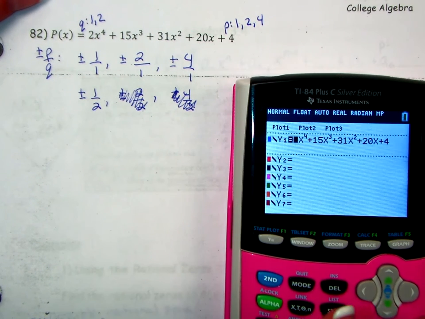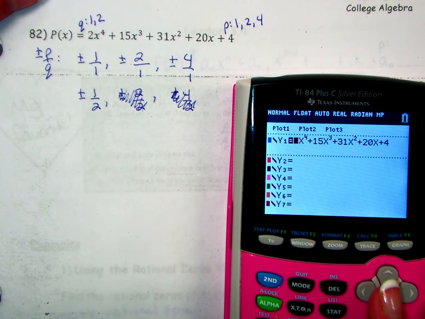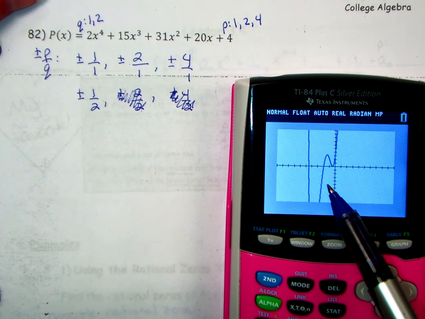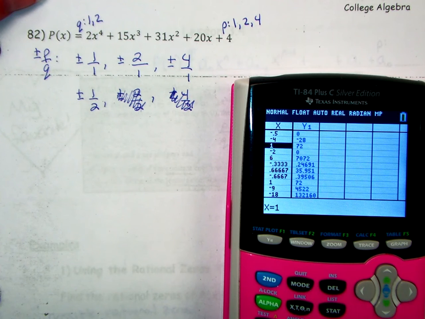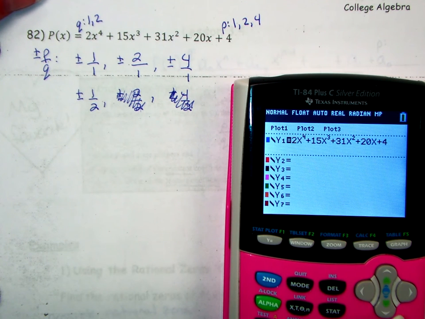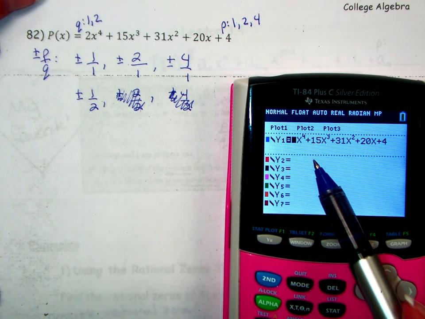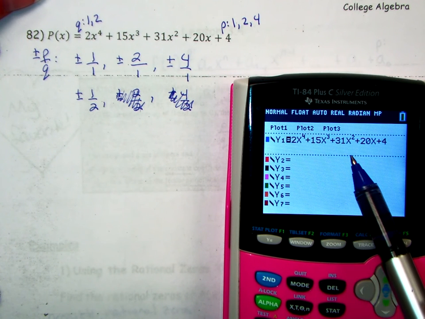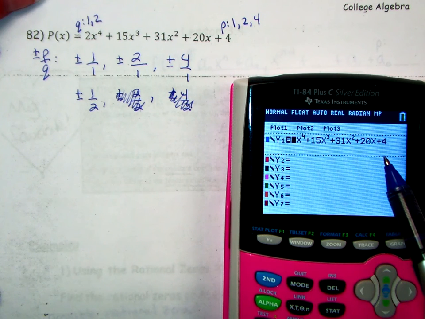What is going on? Is this negative 2? Two x to the 4th plus 15x cubed plus 31x squared plus 20x plus 4.